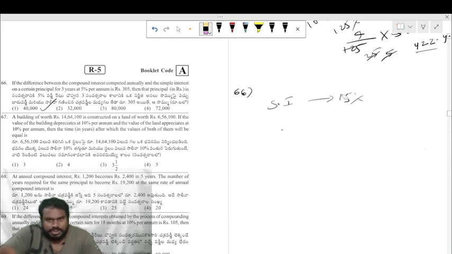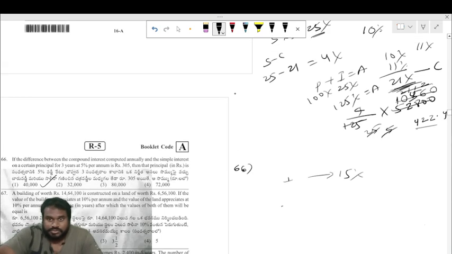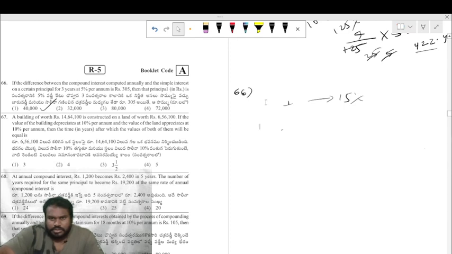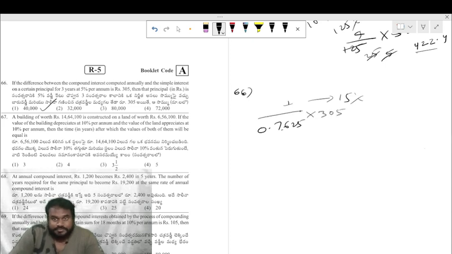This second method I'm telling you. 0.7625 is corresponding to 305, what is the 100% value? 100% is the actual principal.